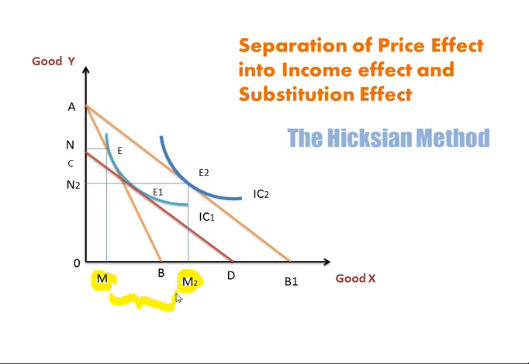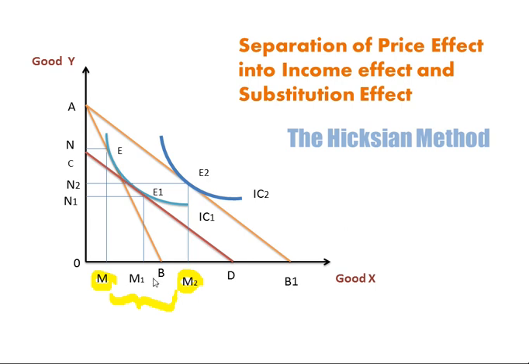The new equilibrium point is E1, where the consumer is buying OM units of good X and ON1 units of good Y. Since the increase in income is taken away by using a compensating variation, the consumer is at the same level of satisfaction as before, because he is on the same indifference curve IC1.